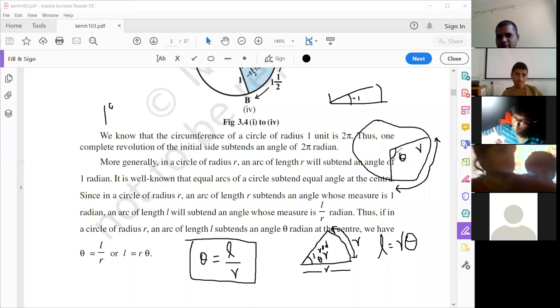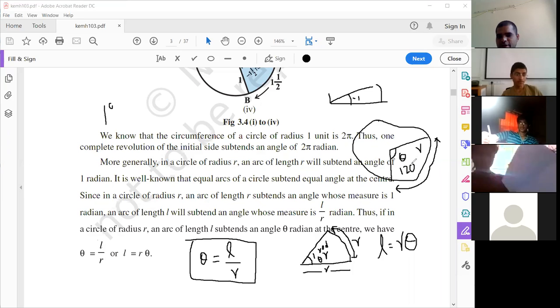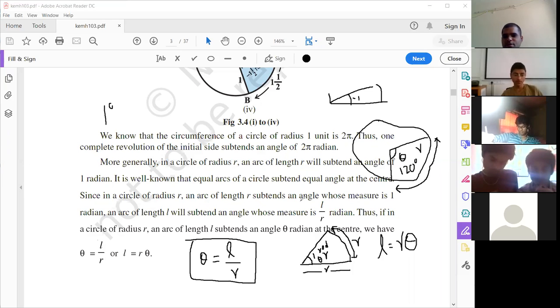मान लो तुमने ये जो एंगल है ये निकाला 120 डिग्री, ओके? तो इसको रेडियन में कन्वर्ट करोगे तो कितना आएगा, और इसका रेडियस है मान लो 5 यूनिट या 5 मीटर्स, ओके?